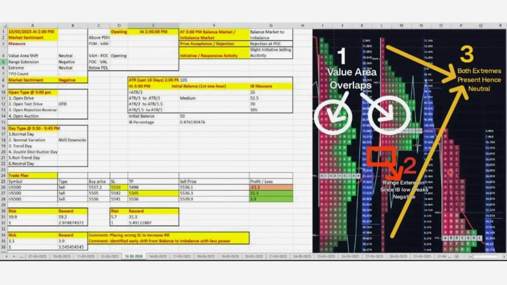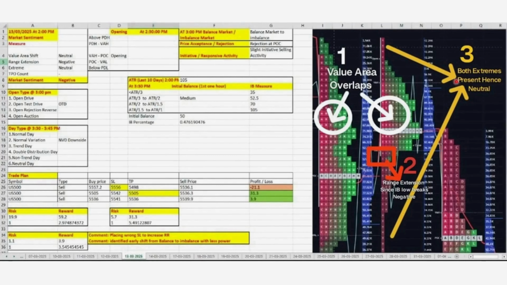At 2 p.m. UK time, I begin my process by focusing on pre-market analysis and market sentiment calculation. If you look at the top left corner of the sheet, you will see that I calculate market sentiment based on yesterday's and the day before yesterday's profile, considering factors like value area shift, range extension, and extremes.